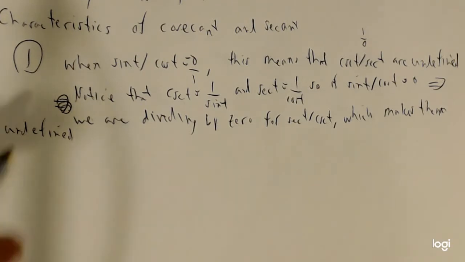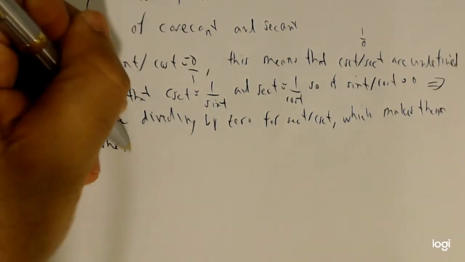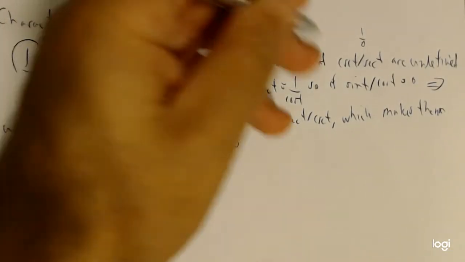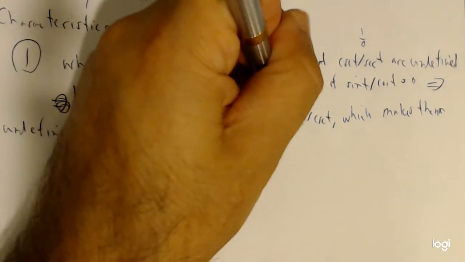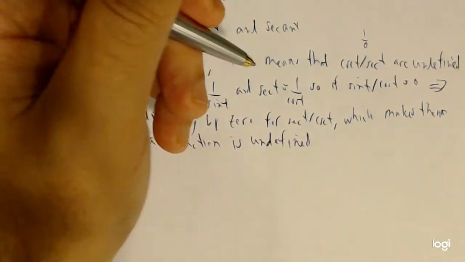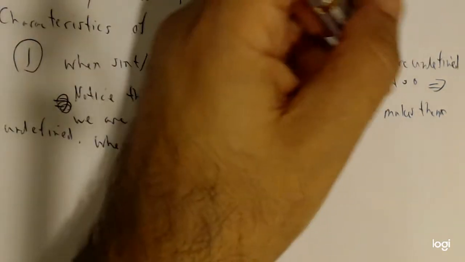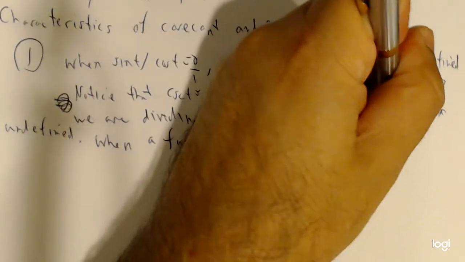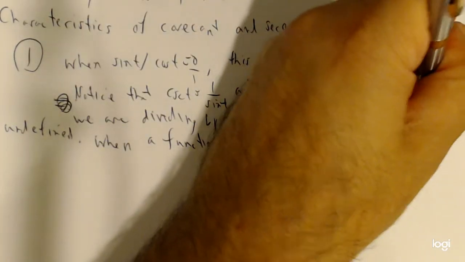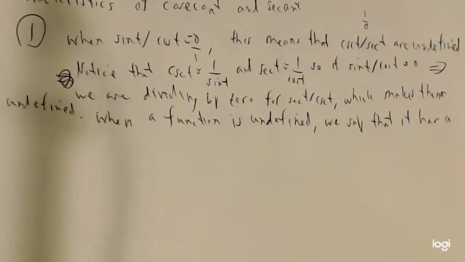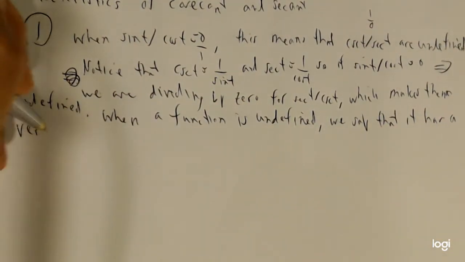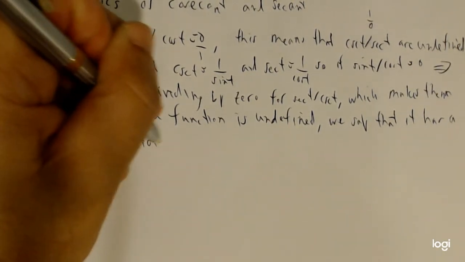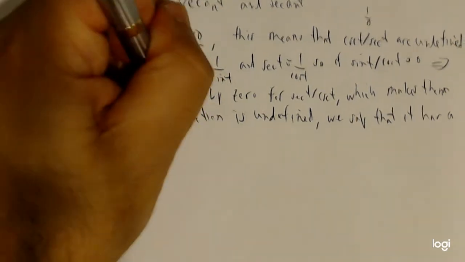When a function is undefined, we say that it has a vertical asymptote at that value.